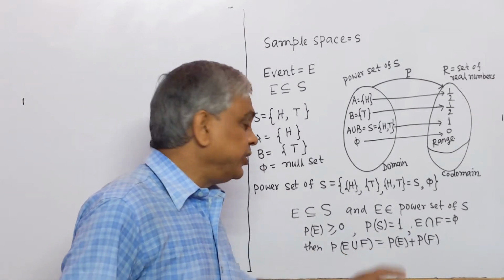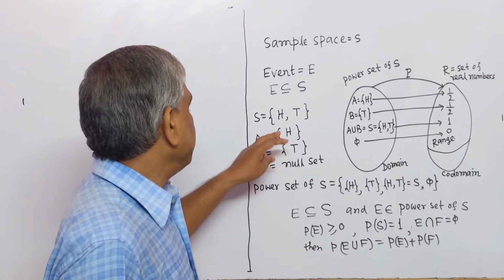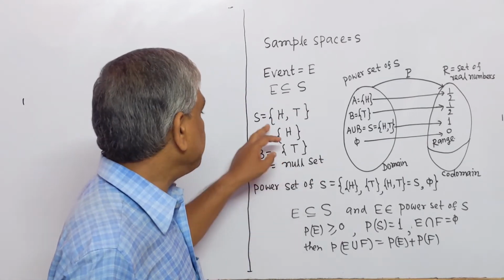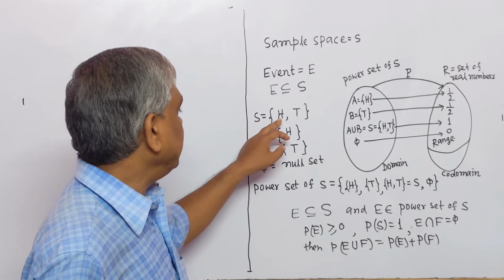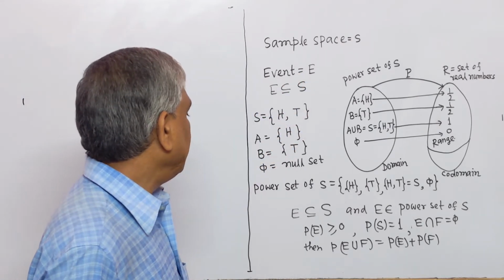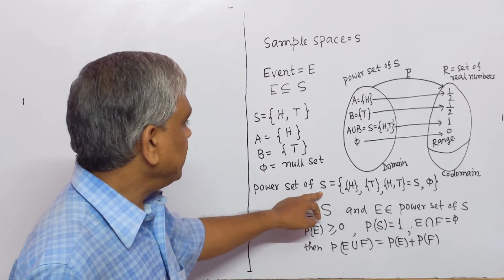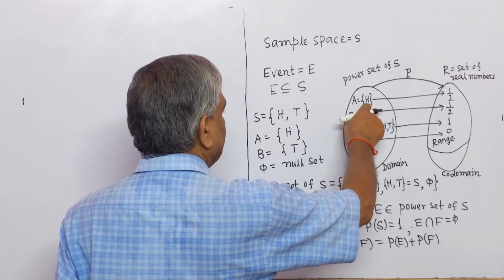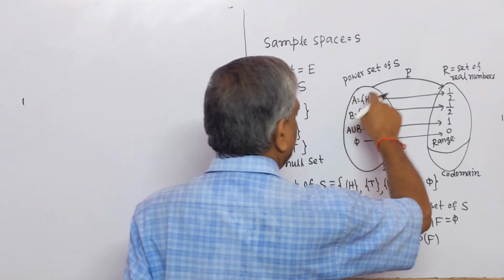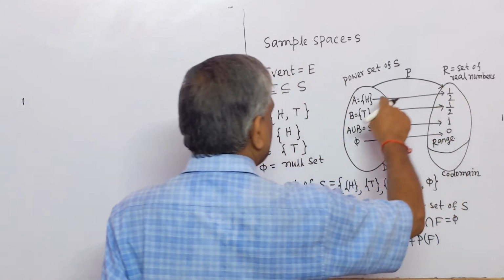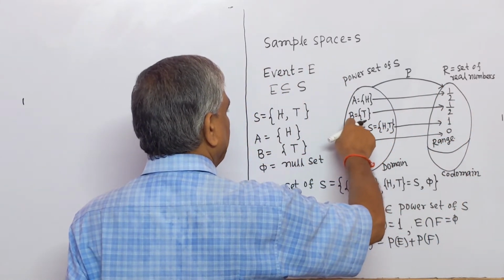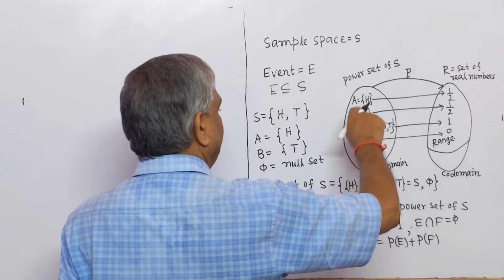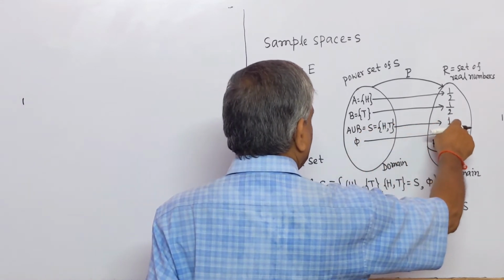By an example, we will try to understand this. Since in the case of throwing a coin, the sample space S contains elements H and T, and power set of S contains all subsets of S. Let the set containing H is A and image of A equal to half. Set containing element T equal to B, image of B is half, and image of S equal to 1.